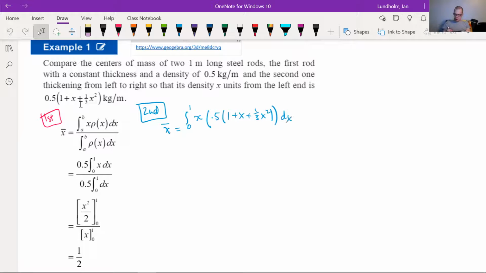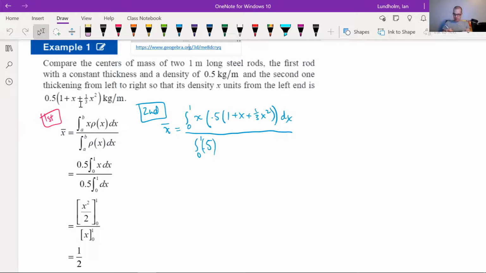dx over, oh, that doesn't look like, looked like a 4. Over the mass integral, which would just be the density function part.